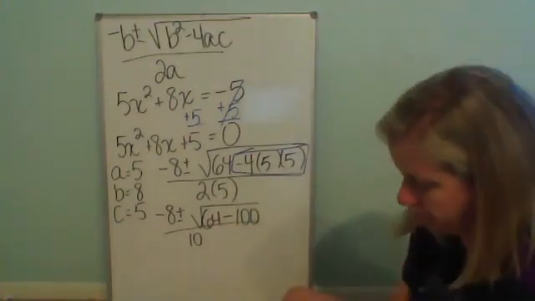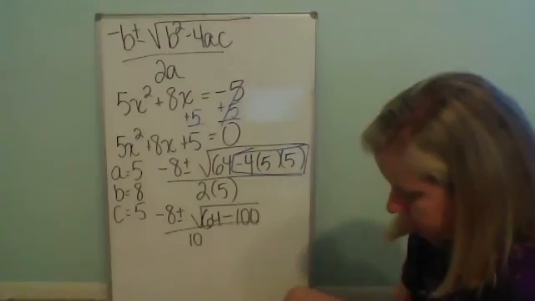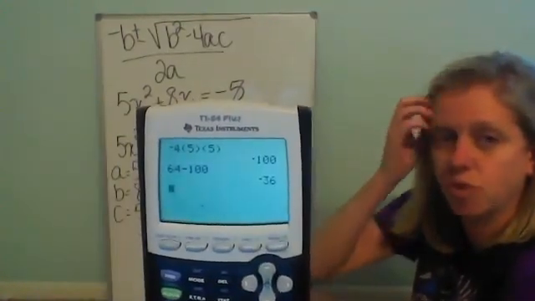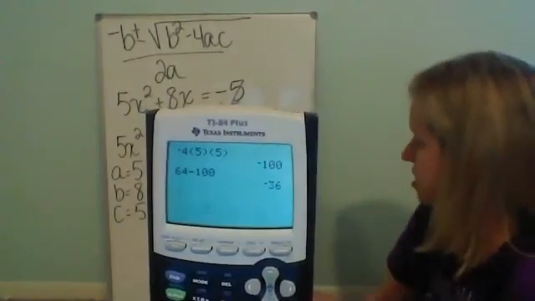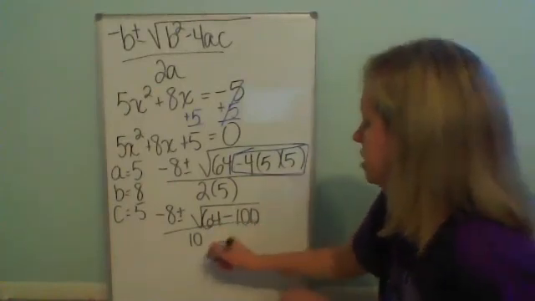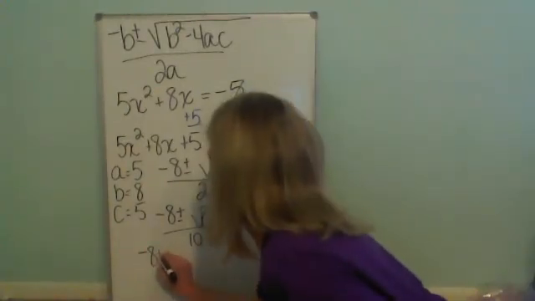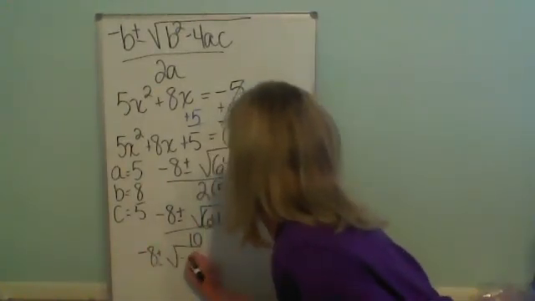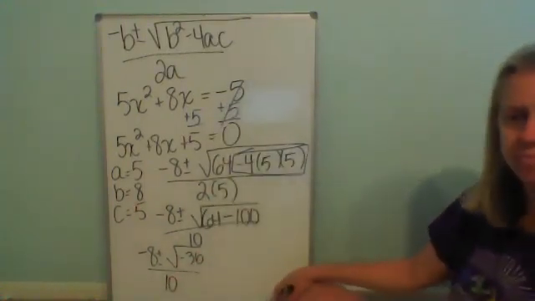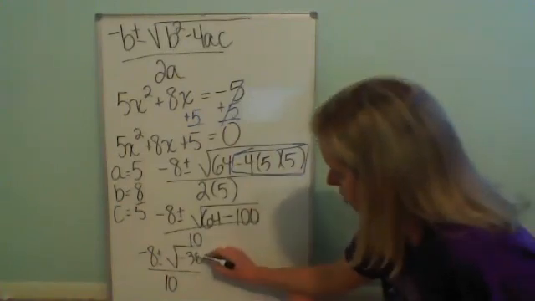So let's see, what's 64 minus 100? If I type that in my calculator, I notice that 64 minus 100 gives me -36. So this is going to turn into a -36 under here. So I've got -8 plus minus the square root of -36 over 10. Now, what do you notice about 36?